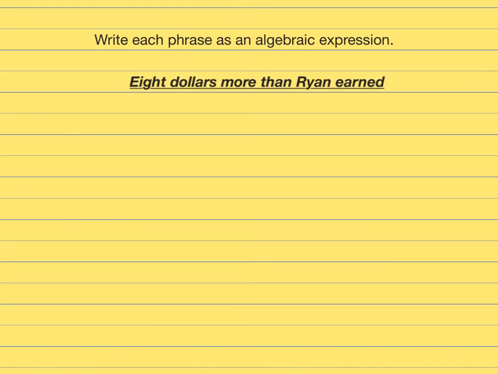Let's look at some examples. It's telling us to write each phrase as an algebraic expression. The first phrase says $8 more than Ryan earned. So this would be our wording. Now if we look at the variable, let's use the variable D to represent the number of dollars Ryan earned.